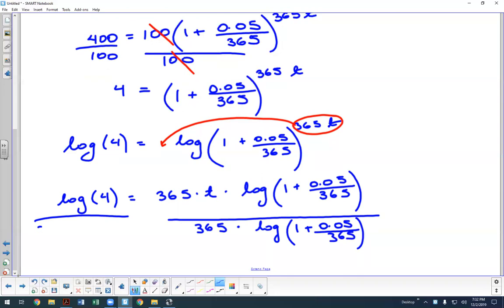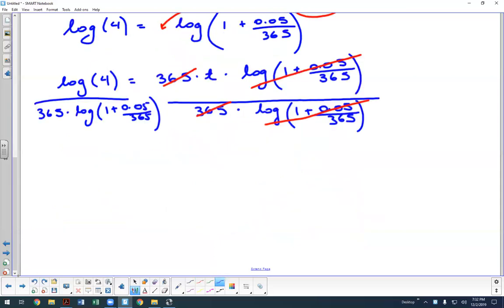Same thing on the left-hand side, 365 times. So basically we've just got t because everything else has been canceled out.